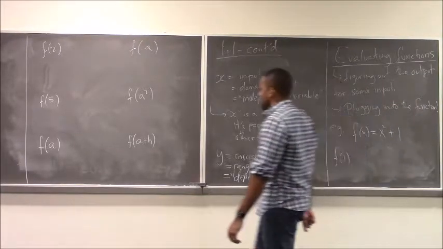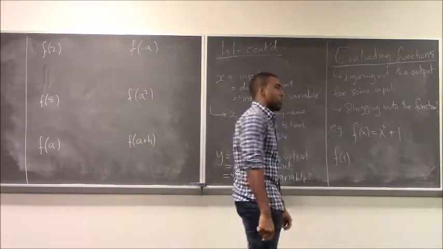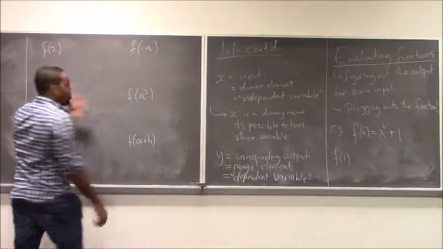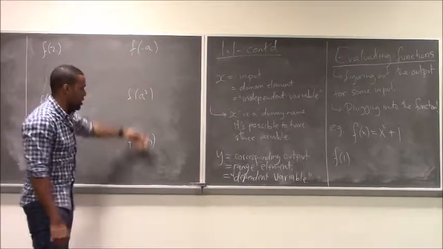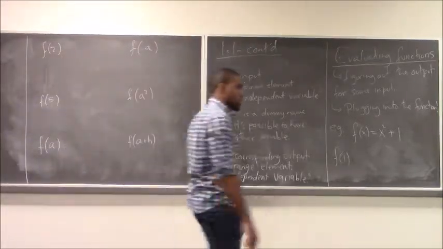So when we say f of 1, this means we want to evaluate the function at 1. f of 2 means we want to evaluate the function at 2. And evaluate it at 5, evaluate it at a, evaluate it at minus a, evaluate it at a squared, evaluate it at a plus h. Okay.